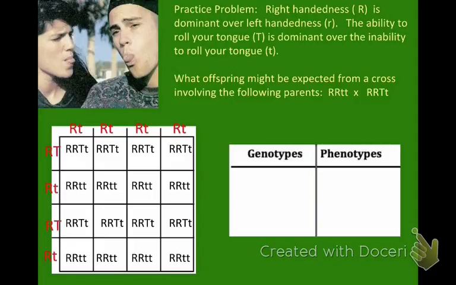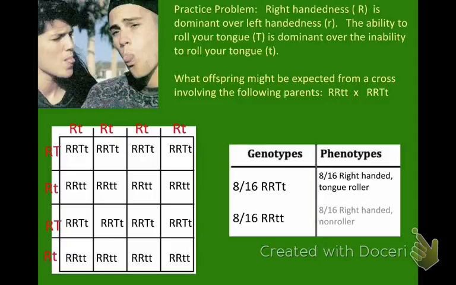Okay, so now remember we can cross them off diagonally to use that genotype thing. So 8/16 are these, and 8/16 are these, okay? So if you look, you can see pretty easily how that all worked out. So half of them are right-handed and tongue rollers, and half of them are right-handed and non-tongue rollers.